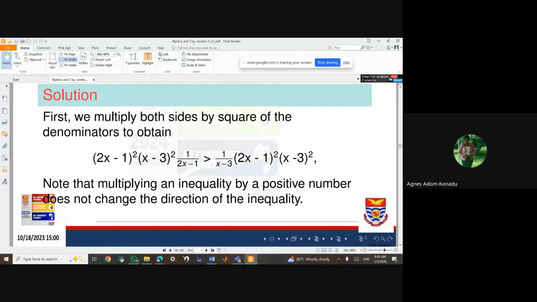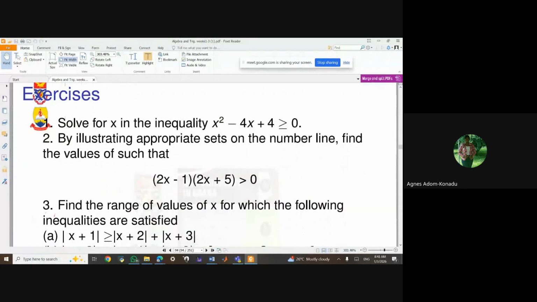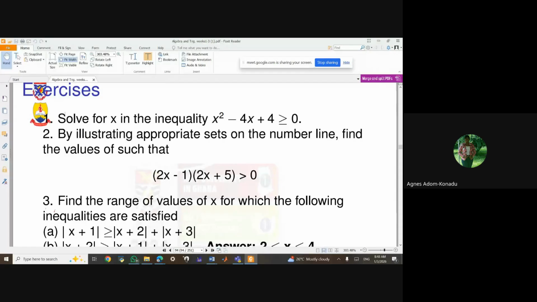And we know that any number squared is a positive number. So we'll just square the LCMs and then multiply through. So it says a note that multiplying an inequality by a positive number, the positive number we are seeing as the square, does not change the direction of the inequality. So that's the reason why we are squaring. Okay. Are you okay, Joshua?